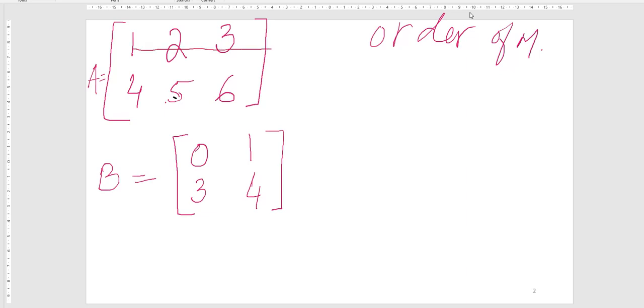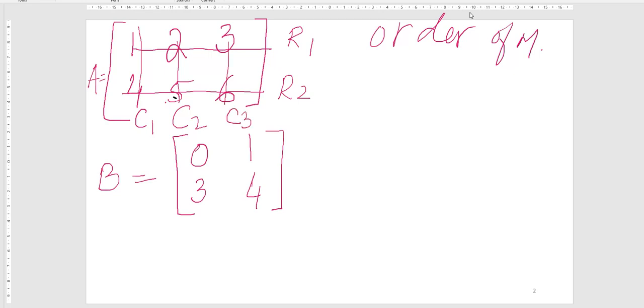Horizontally, we say these are the rows: 1, 2, 3 is row number 1, and this is row number 2. Vertically, we say these are the columns. This is column 1, we write C1 for column, this is column 2, C2, and this is C3.